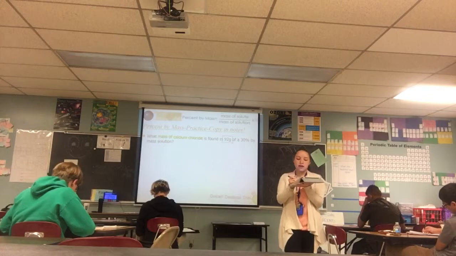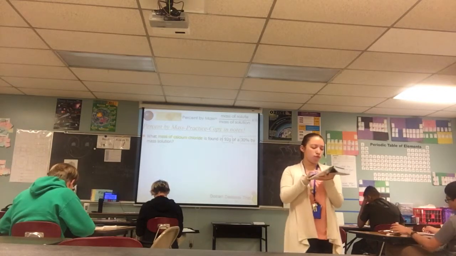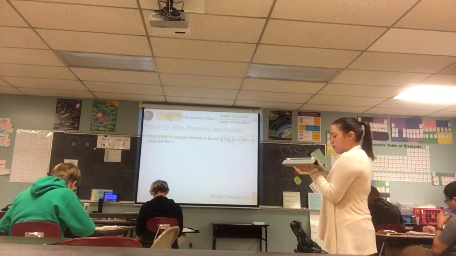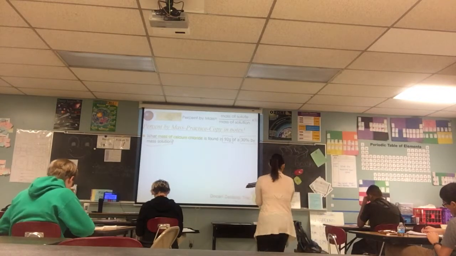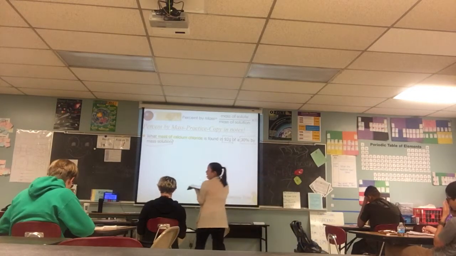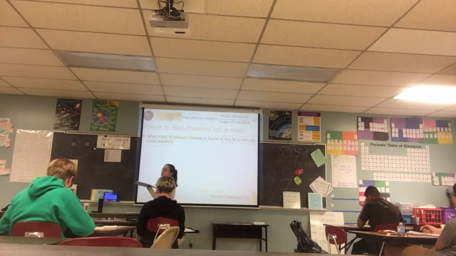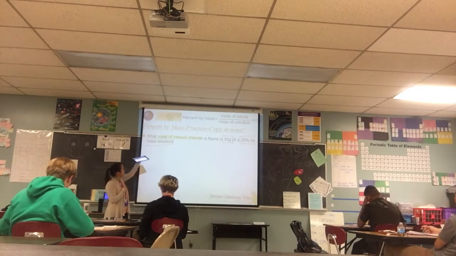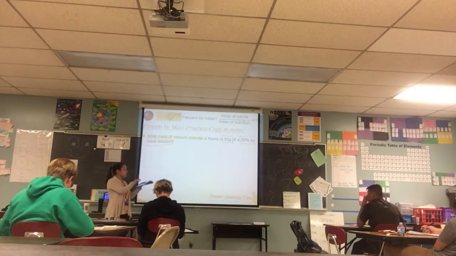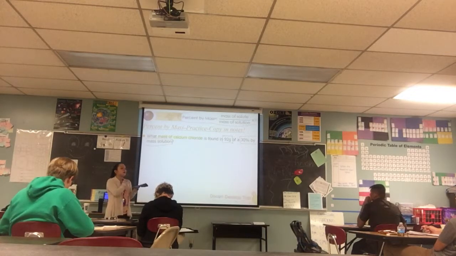And of that 92 grams, it is 30% by mass of that calcium chloride. In this problem, is it asking me to figure out what my percent by mass is, guys? No. But because it gives me my percent by mass, I know that I can use this equation to figure out my answer.